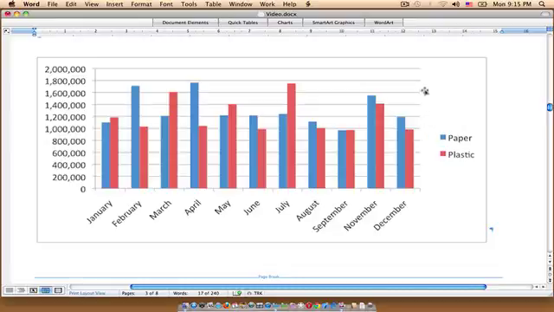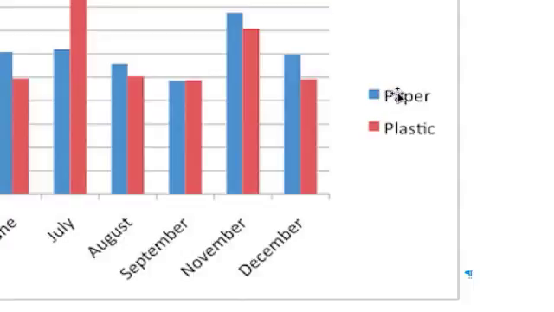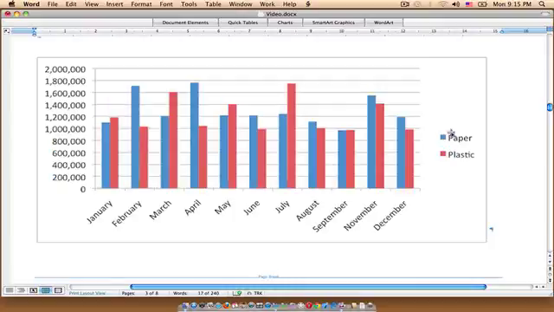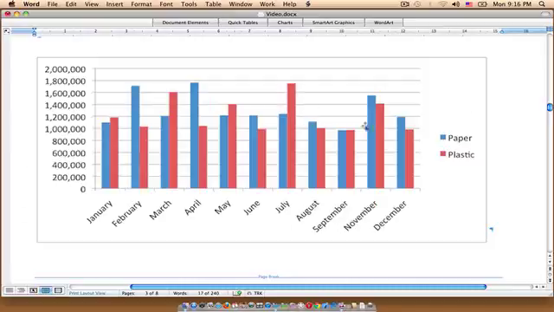Now what's interesting about this graph is that, as you can see on the right hand side, blue represents paper and red represents plastic for the different cups. And what's interesting is that the values are very varied over the course of the year.